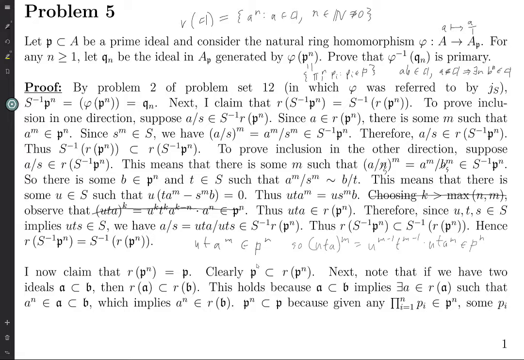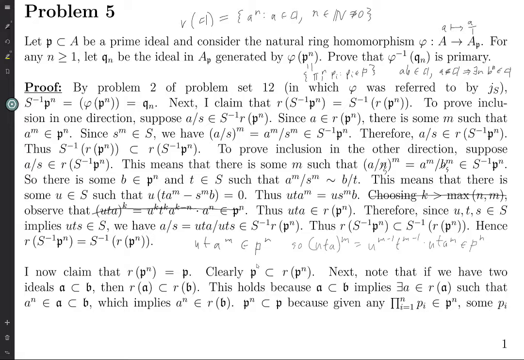Well, I guess not, because prime ideals don't have one in them, because if they have one, it's the whole thing. Oh, no, of course. Wait. Okay, p is contained in the radical of p to the n.